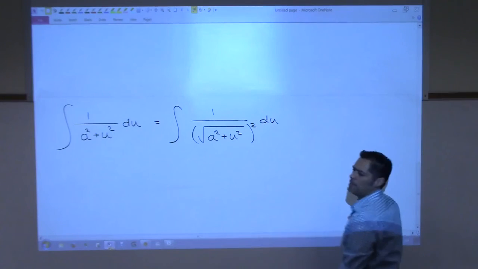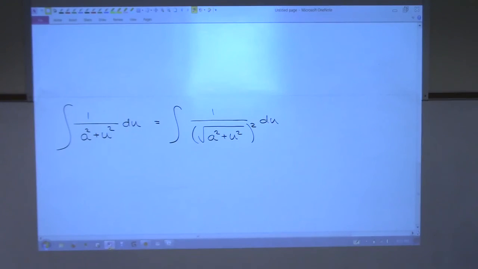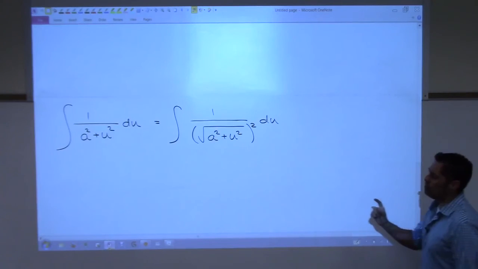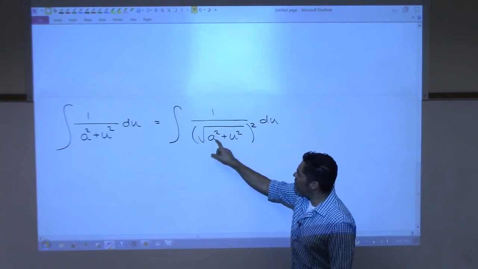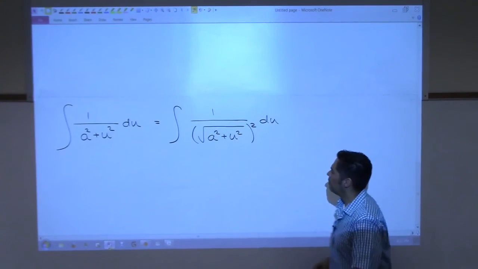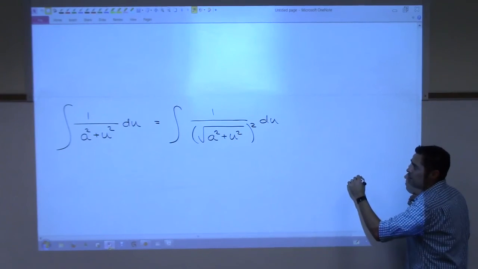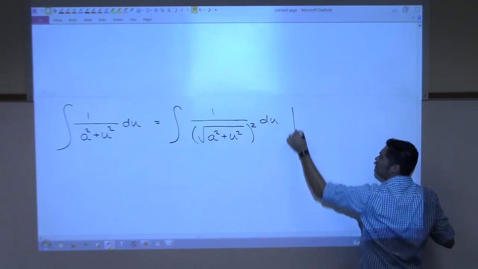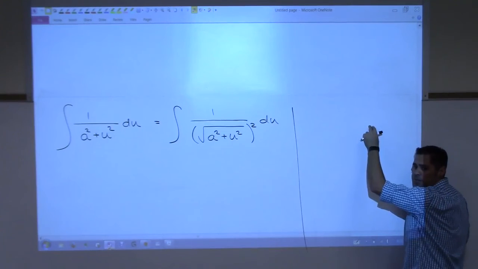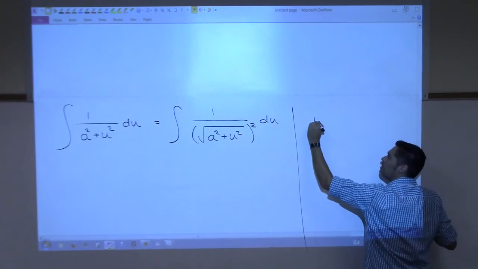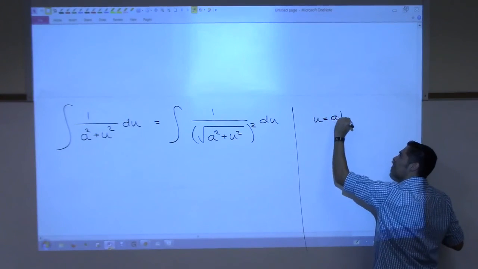Would you agree with that? When you square the square root, it essentially is gone. So what do I use as my substitution if I see the square root of a squared plus u squared? A tan, right? Instead of saying x equals a tan, what am I going to write? u equals a tan theta.